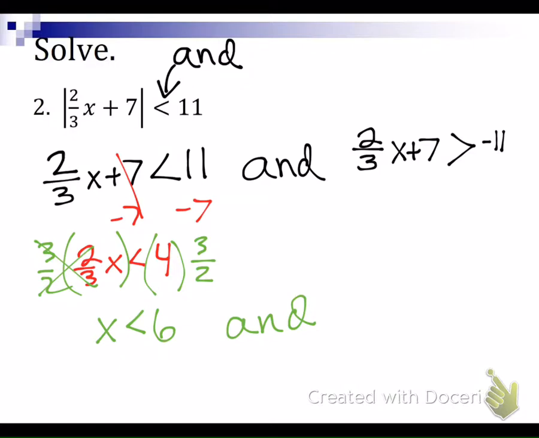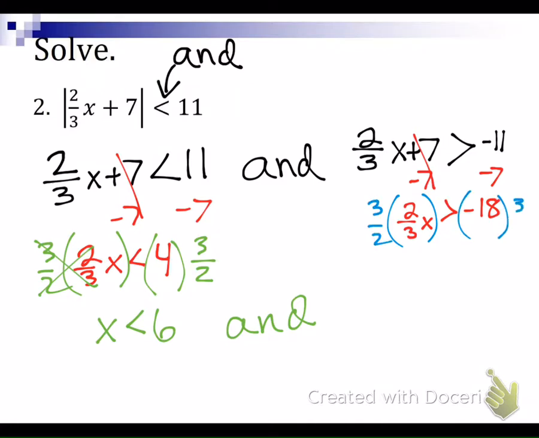And on the right side, same idea about the minus 7, but now we get negative 18. Keep the negative sign. Same idea, we got to do the reciprocal, 3 over 2. So that's negative 9 over 1. So what do you get? X is greater than negative 27.